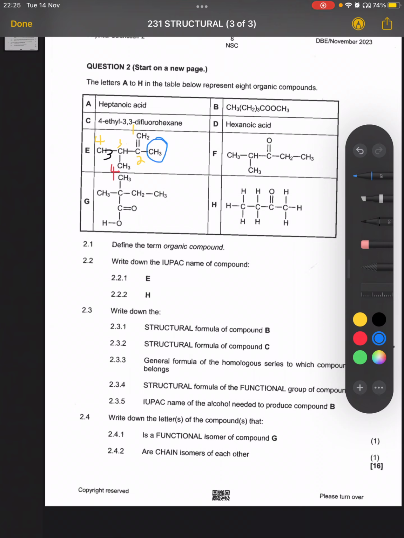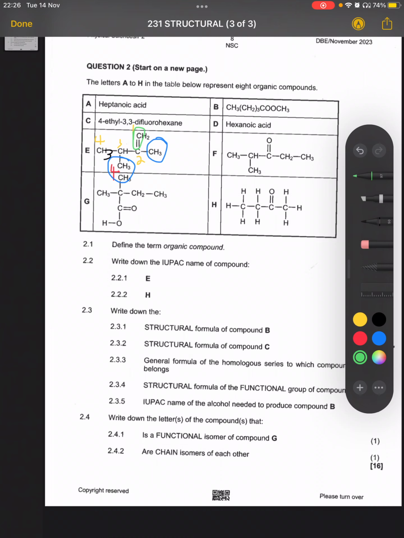This would be our substituent, and our functional group would be here, which is the double bond, making this compound first things first an alkene.